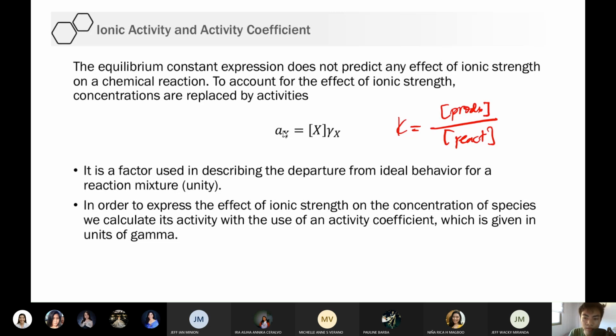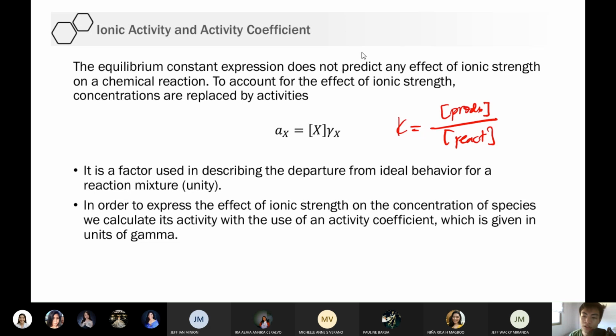Activity takes into account the effect of the diverse ions. Activity refers to the behavior of the ionic atmosphere, if it has diverse ions in it. So according to analytical chemists, instead of writing K in terms of concentration, we can write K in terms of activities.